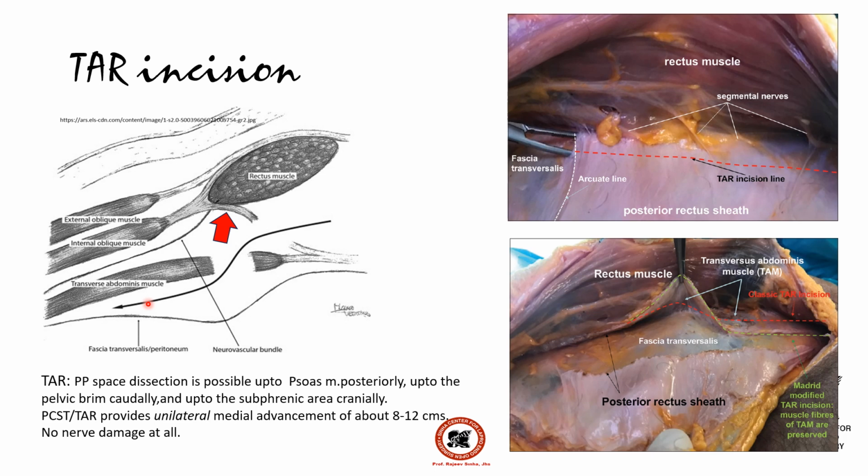Superiorly, you can go right to the diaphragm, and below you can go up to the pelvis. That is how much mobilization you can do. And this mobilization can give you at least 8 to 12 centimeters of mobilization in the midline unilaterally. That means, multiplied by 2, you have almost 16 to 24 centimeters of mobilization with the posterior CST combined with the TAR procedure.